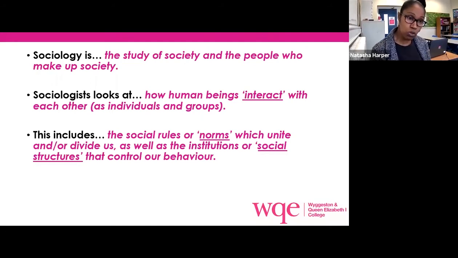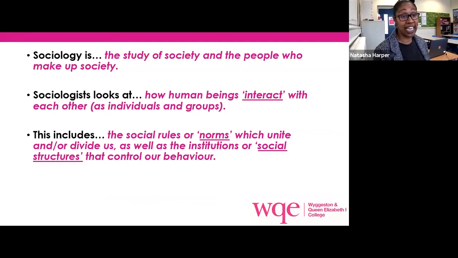That's what distinguishes sociology from psychology. Where psychology looks at the individual, the mind and behavior, sociologists recognize that people don't walk around in their own bubble, blinkered and oblivious to what's going on around them. What they're looking at is the human interaction, how people interact with one another on a day-to-day basis, okay?